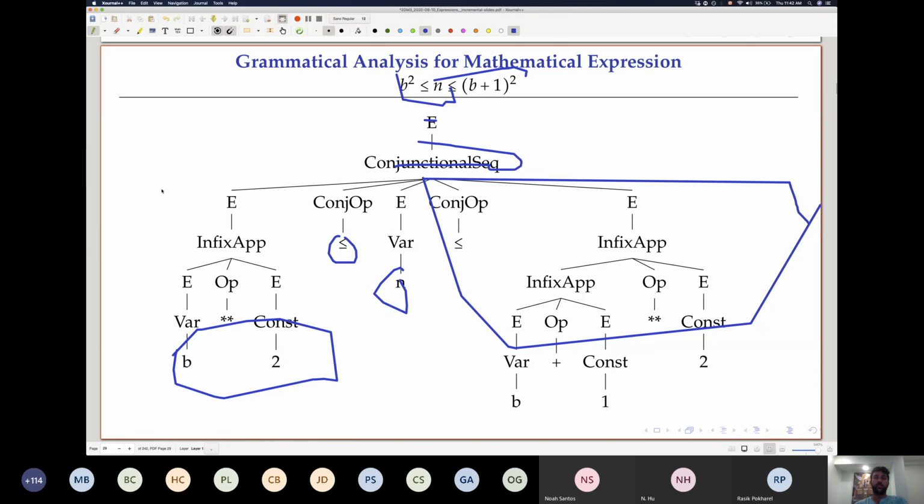So notice, this is an interesting thing. The top part right here is a string, right? It's a sequence of symbols: b superscript 2 less than or equal to n less than or equal to parentheses b plus 1 close parentheses superscript 2. It's a linear sequence. Whereas down here, the lower part of the screen is a tree, right?